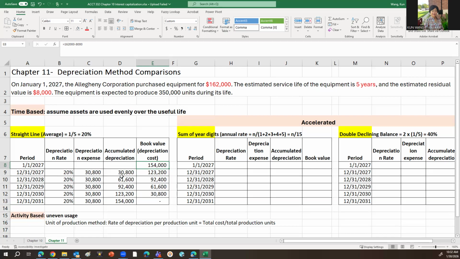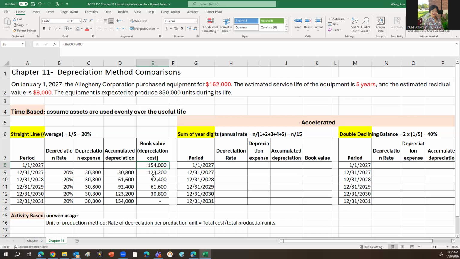And then accumulated depreciation should be built up year by year, period by period, and eventually the total depreciation should equal your original depreciation cost. The book value column should show the opposite trend from your annual or accumulated depreciation.